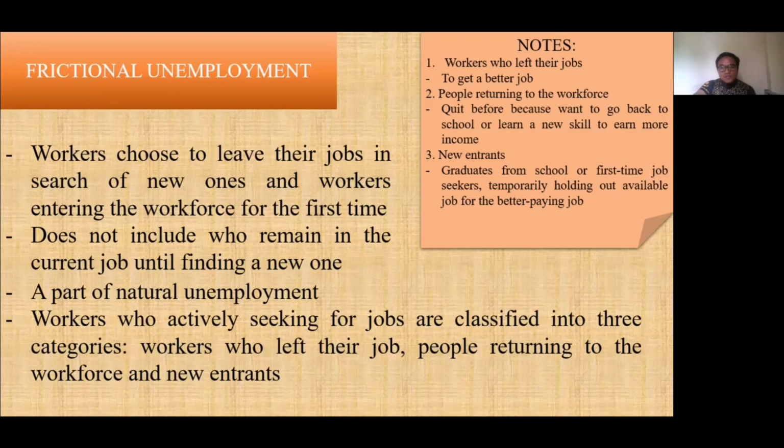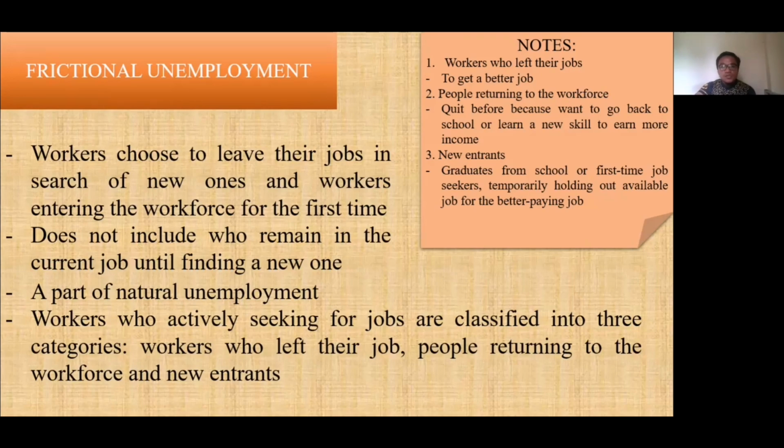Workers who left their job means to get a better job, and the second one is people returning to the workforce, means that they quit before and they return back to employment because before they go to school to learn a new skill, or like they go to the university because they want to earn more income with a new skill.